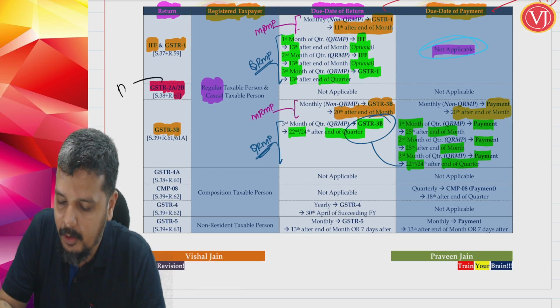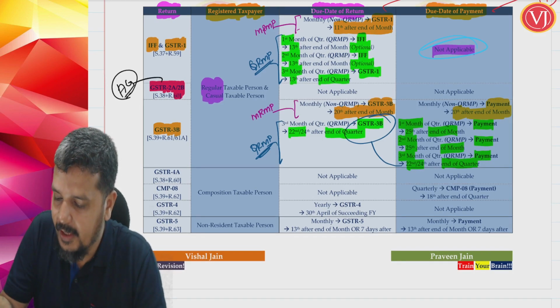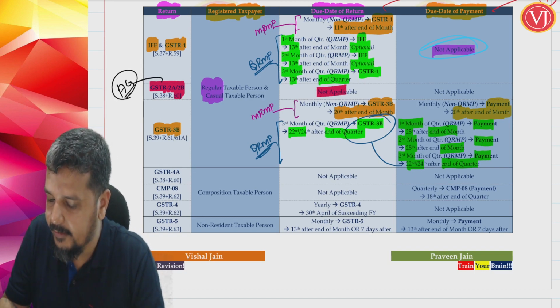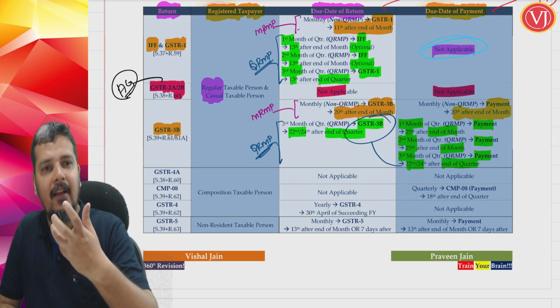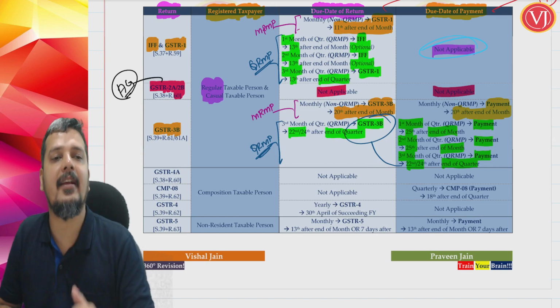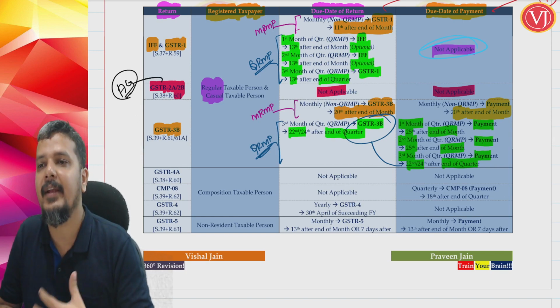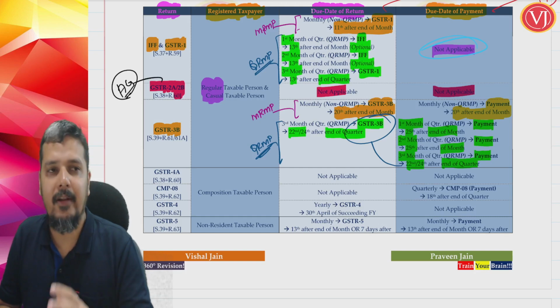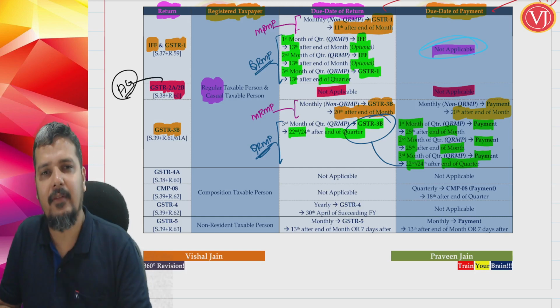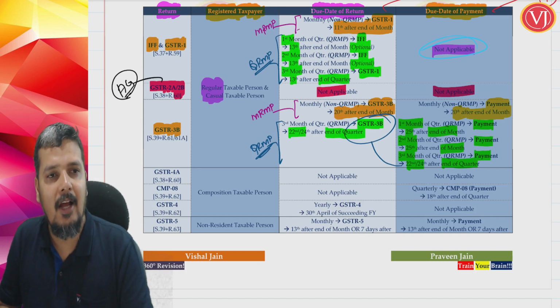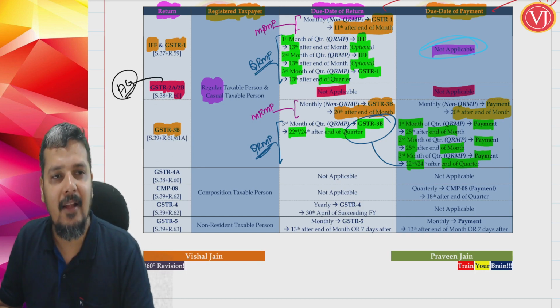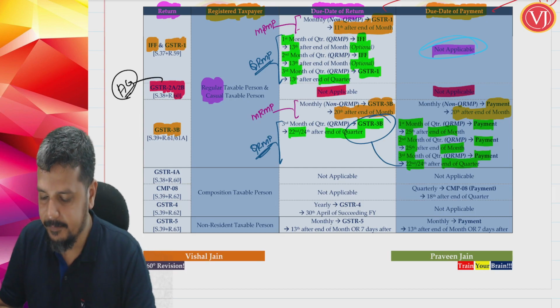This would be auto generated. They will not be filing anything. They will get it, based on which they will be taking the credit. What is 2A, what is 2B, we will discuss. First, let us understand the basics. Are we clear with this understanding about your regular taxable person and casual taxable person?